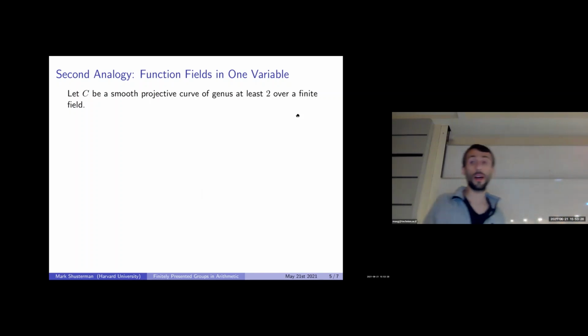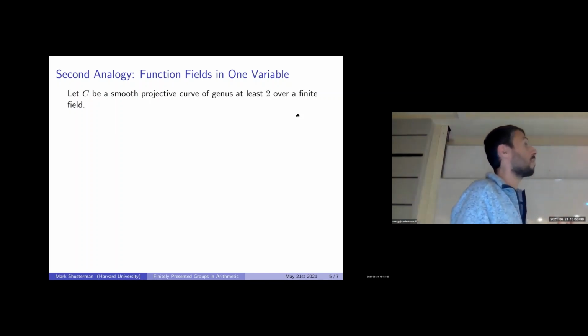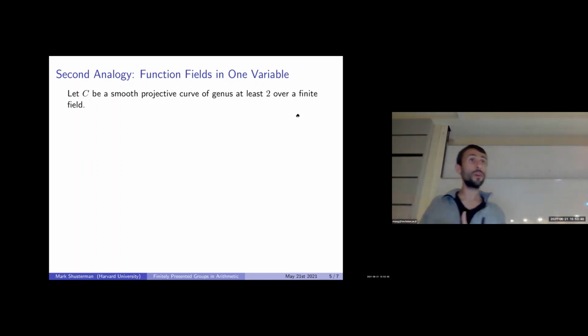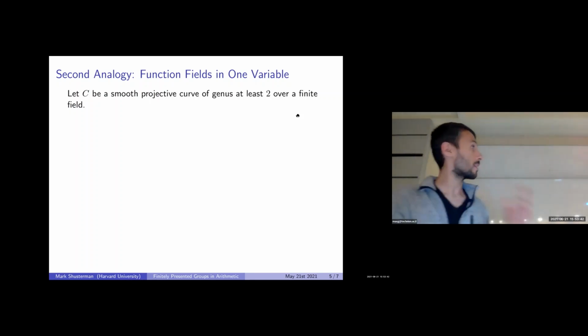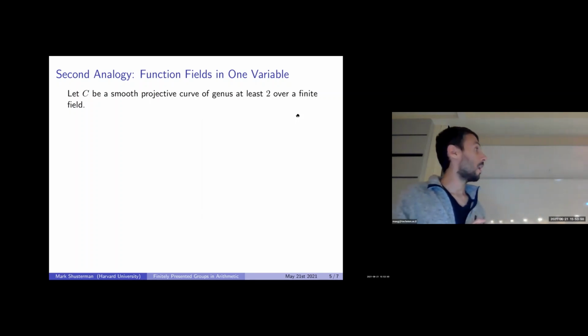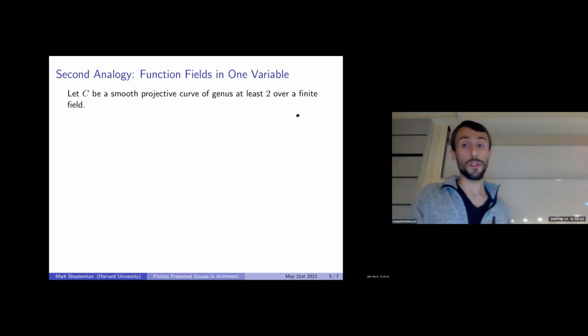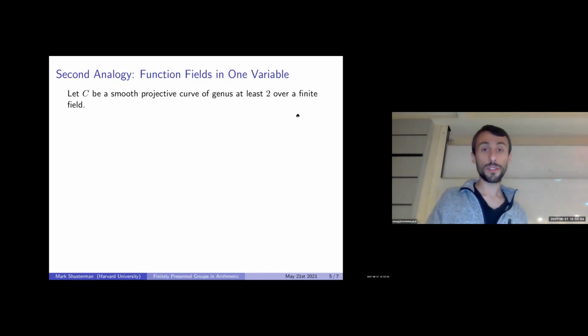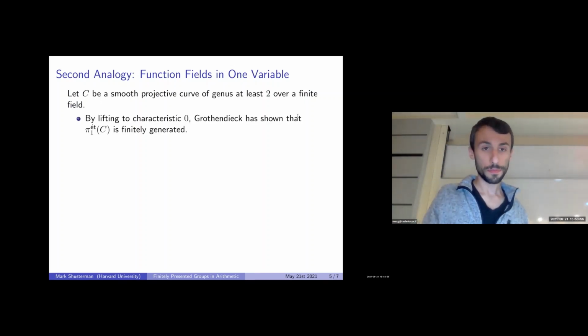So you replace a global field in characteristic 0 by a global field in characteristic P. So finite extensions of Q, that's what you have on the one hand, and then what you get on the other hand is finite extensions of the field of rational functions over a finite field. So this is the function field analogy.